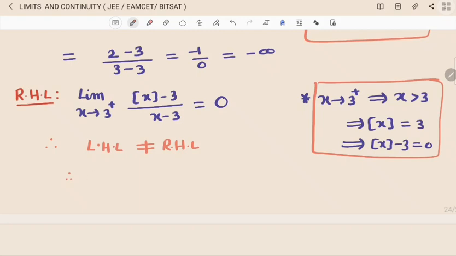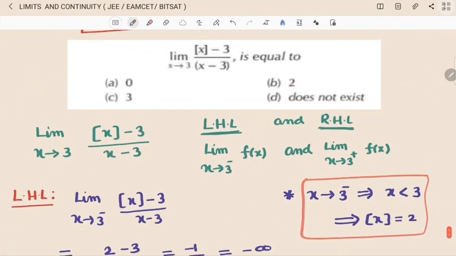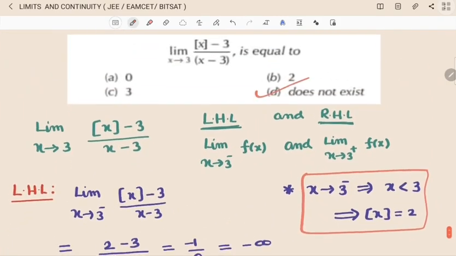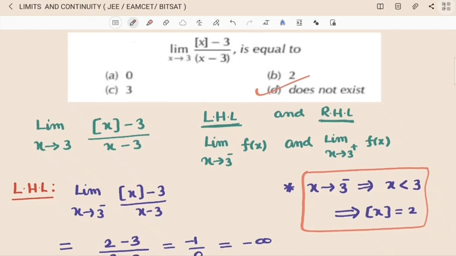Therefore, limit x tends to 3, step x minus 3 divided by x minus 3 does not exist. This is the conclusion. It does not exist. It is there in the third option. Just once again I'll show that.